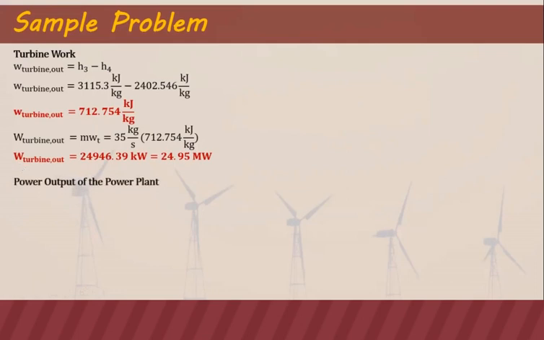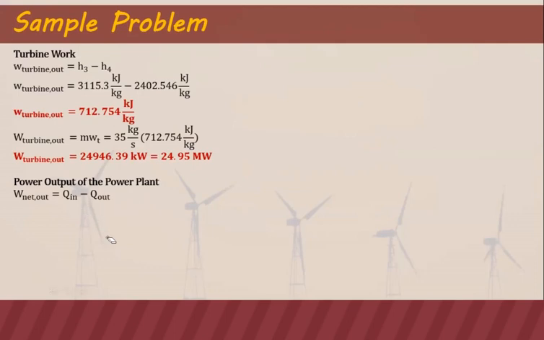So basically, our power output from the power plant is what we are looking for, the capacity of the power plant. So the net output of the power plant is the difference between input minus output.